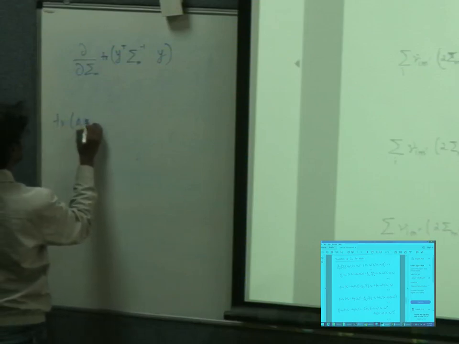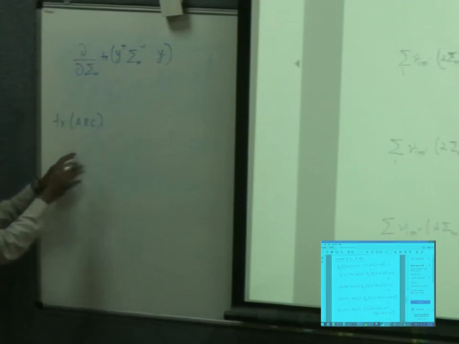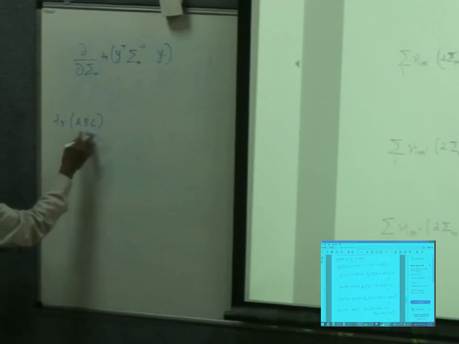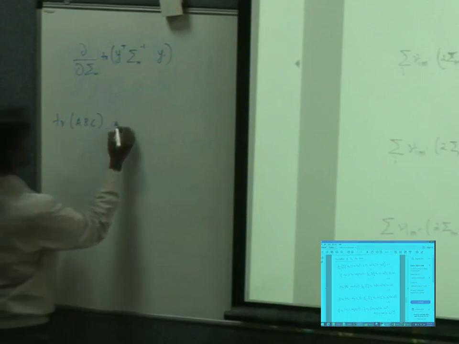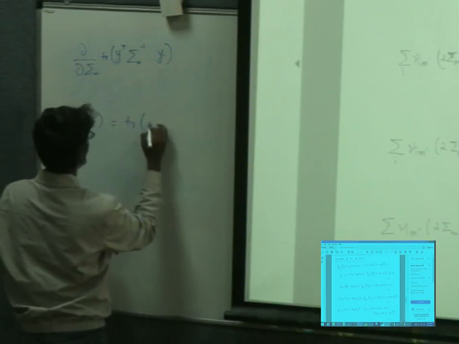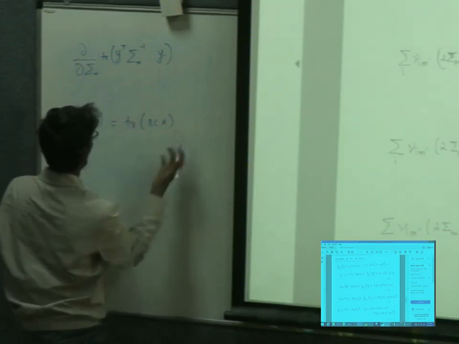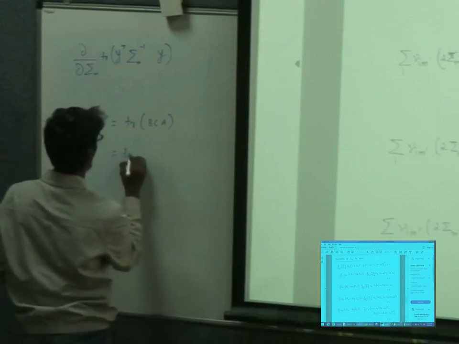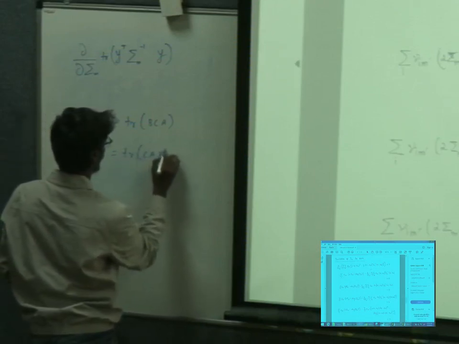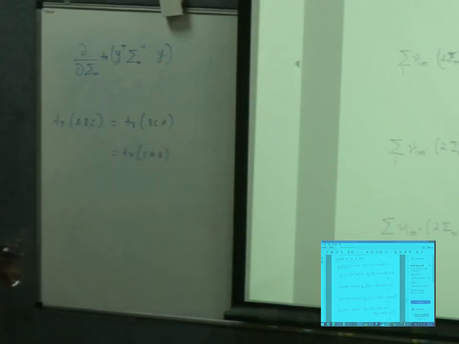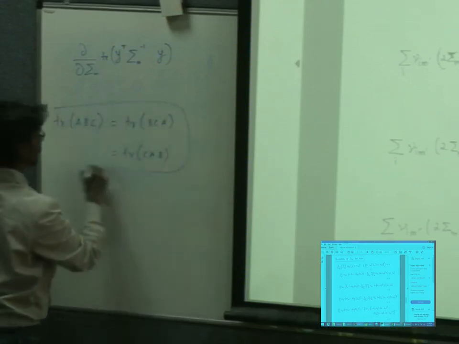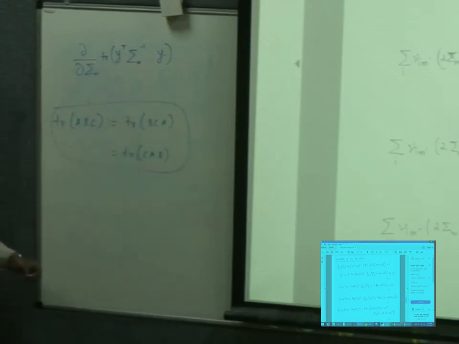So you have A, B, C. Let's assume all these are compatible, and we do multiplication. You can do a rotation in this order, and even once more, and so on, whatever the number of matrices you have. This is a property that you should remember. So apply this property here.